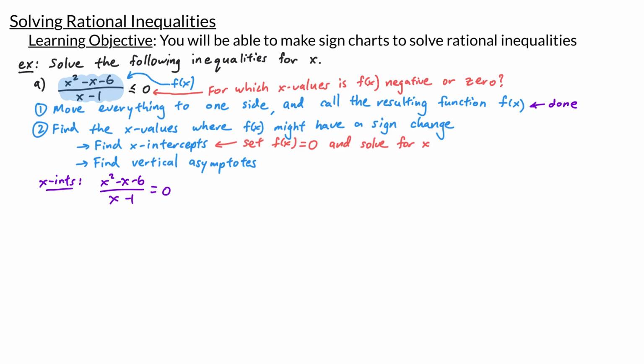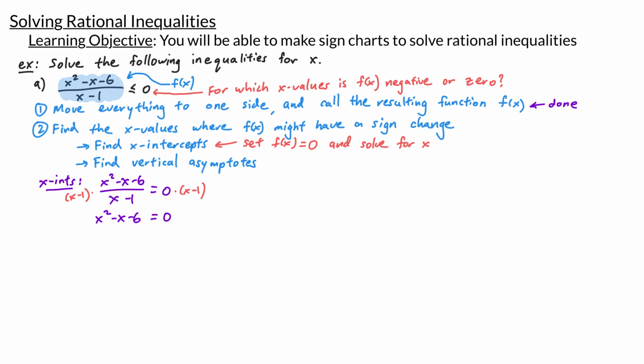What we can do is multiply both sides by x minus 1. On the left-hand side, the x minus 1 will cancel out with the x minus 1 in the denominator, leaving us with just x squared minus x minus 6. And on the right-hand side, 0 times x minus 1 is still 0. So we've transformed our equation to essentially just the numerator of our rational function equals 0.